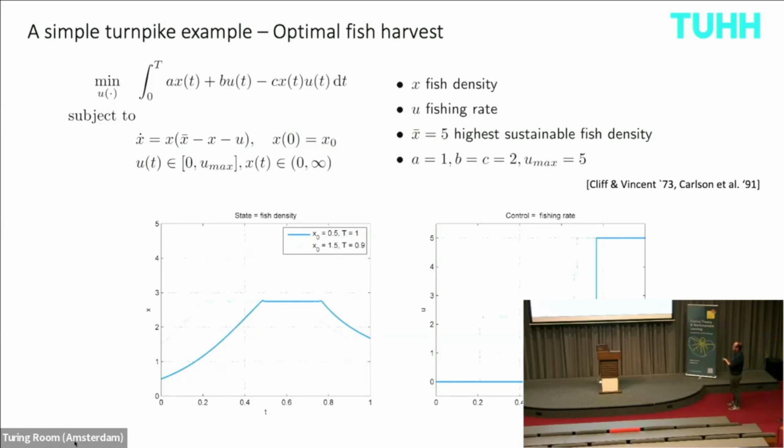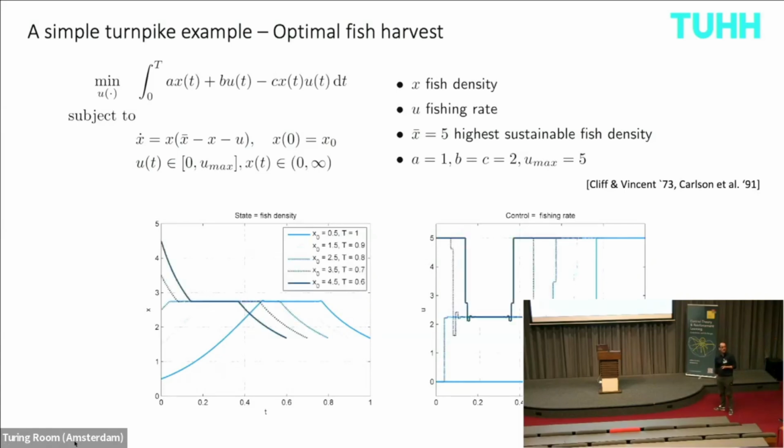I let the fish population grow, fish at a constant rate, and towards the end I fish as much as I can. I keep on playing that game, and the only structural change that I can observe is if I start with a high fish density, then initially I fish as much as I can until I reach the very same stationary situation. And again, towards the end, I would fish as much as I can.